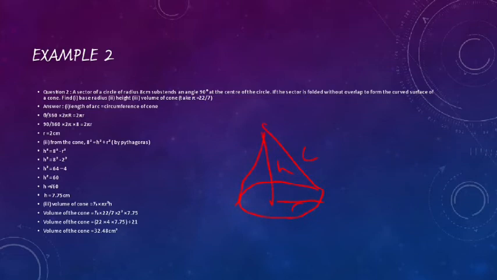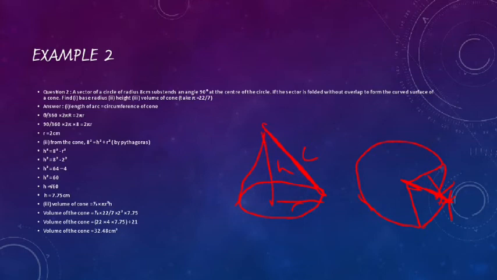Using the same Pythagoras theorem, 8 is the radius of the sector, but after it has been folded it will change to the slant height. After you use this place to touch this place, this place will turn to the slant height, which is l.